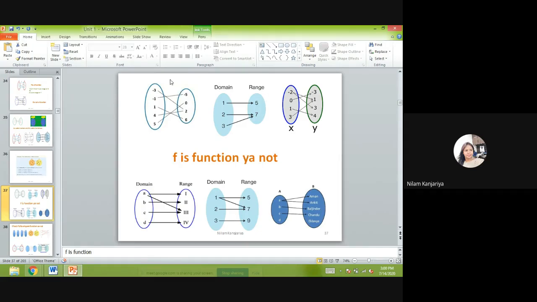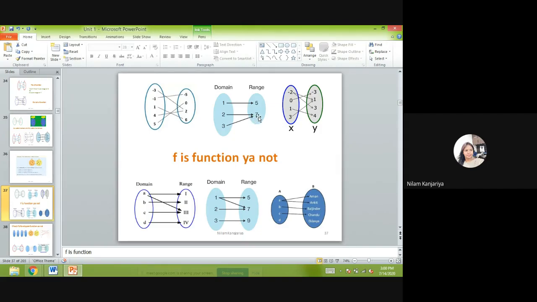All the elements of the domain are usable: one, two, three are usable, and they have a relation to another set, known as the codomain. Look at element one, whose image is only 5, two has the only image 7, and 3's image is 7. So every element has a single image.